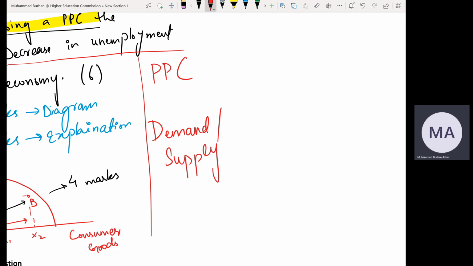They either ask you to use a PPC or sometimes the demand and supply analysis to illustrate the effect of something. So you should remember the factors of demand and supply, and all the PPC curves.